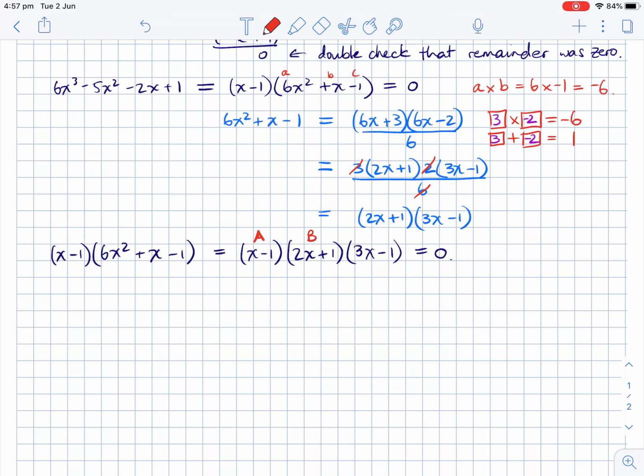And the null factor law states that the only way I can multiply things together and get an answer of 0 is one of those things has to equal 0. So let's actually work through.